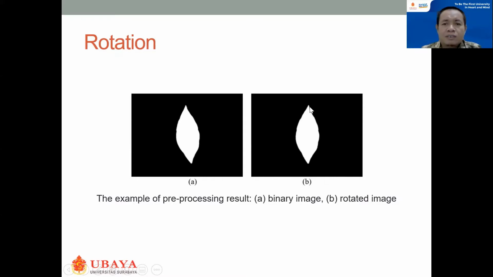So this is the major axis of the leaf, parallel to the vertical axis of the image, and the minor axis of the leaf is parallel to the horizontal axis of the image.